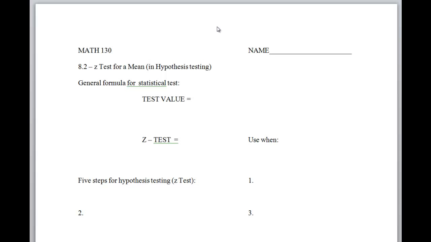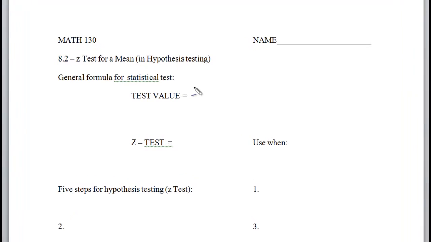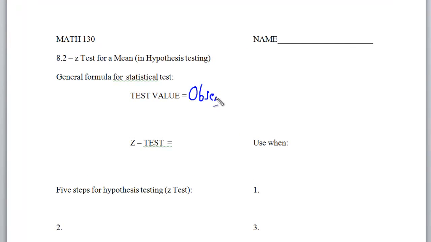Okay, so first off, let's take a look at what exactly our test value is. Our test value for a z-test, in layman's terms, is going to be the observed minus the expected, divided by the standard error.